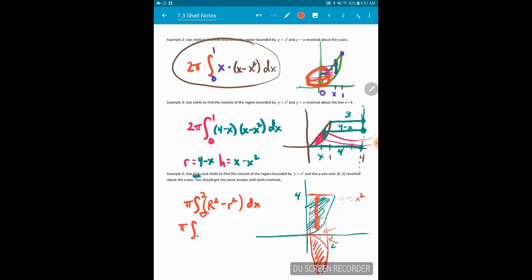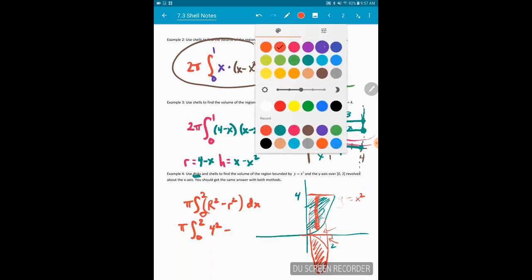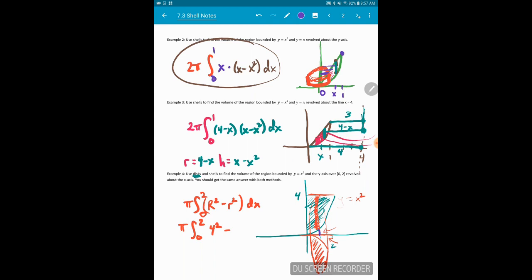So this is pi times the integral from 0 to 2 of 4 squared. And then little r that I'm basically subtracting from that is whatever the height of y equals x squared is. So that's x squared squared. So this should get me the answer in terms of disks.